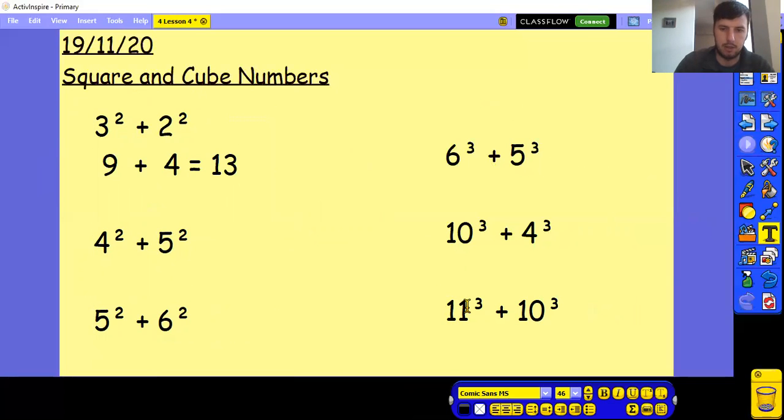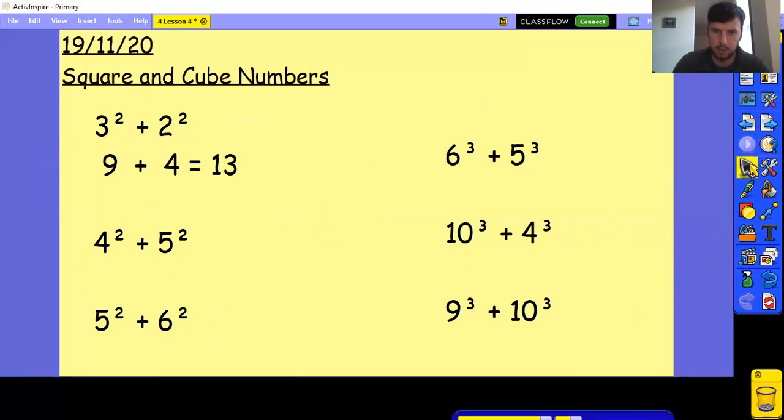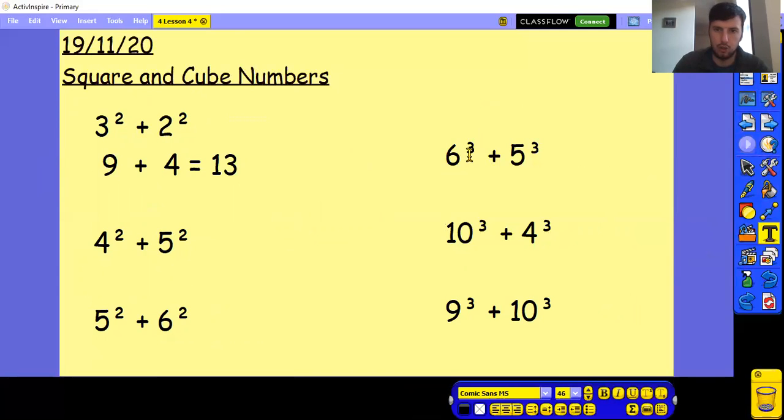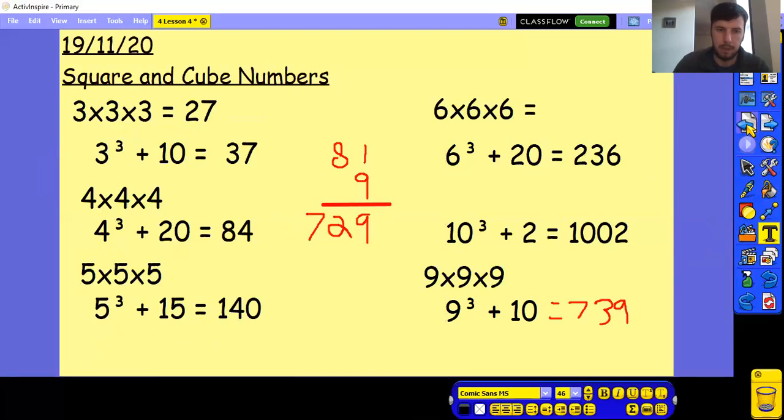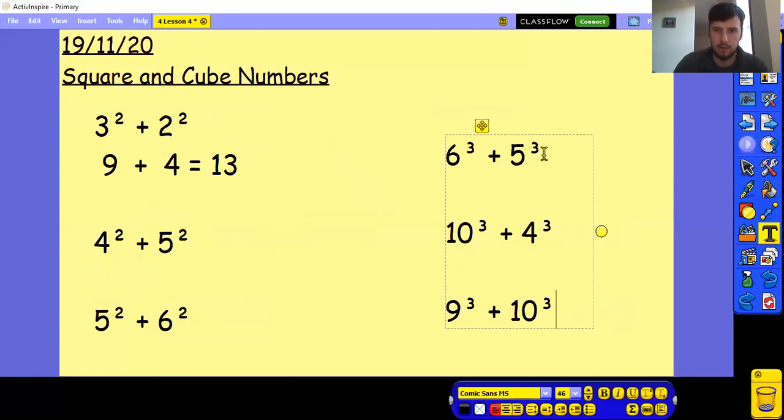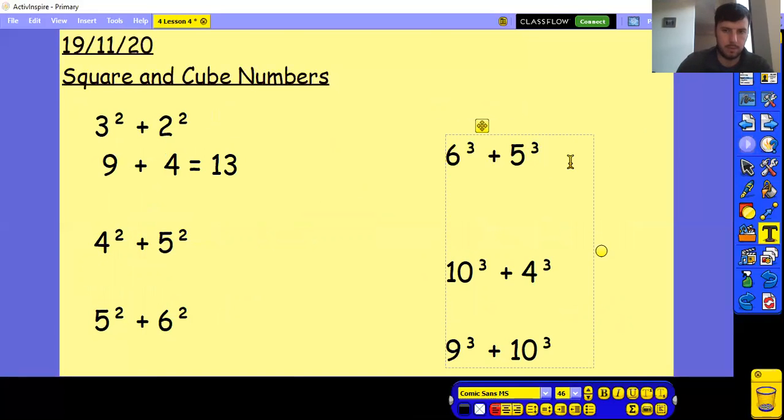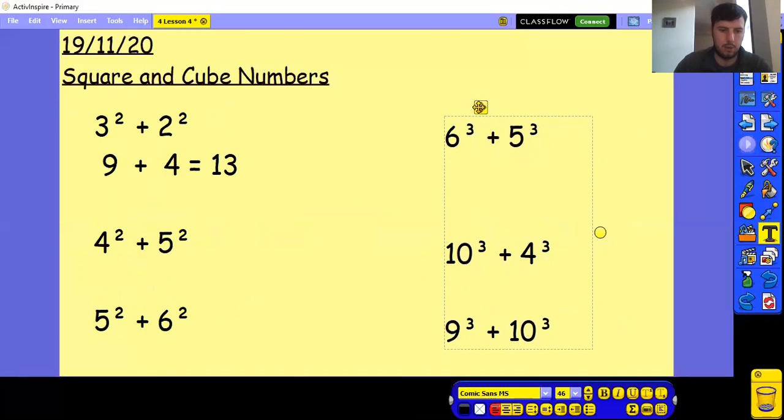And again, I'm going to change that because that should be a 9 before that. Right, so this side we got 6 cubed, which equals 216. Add 5 cubed, which equals 125.